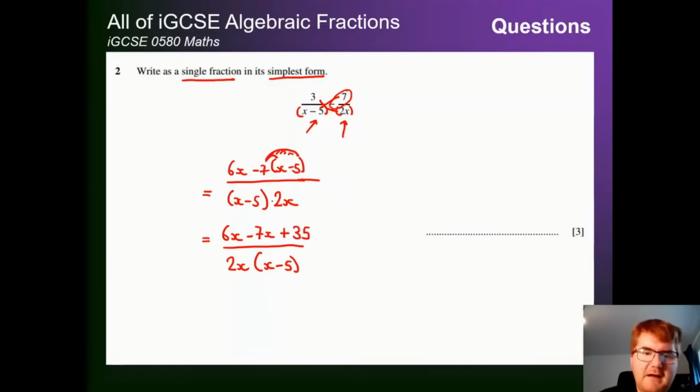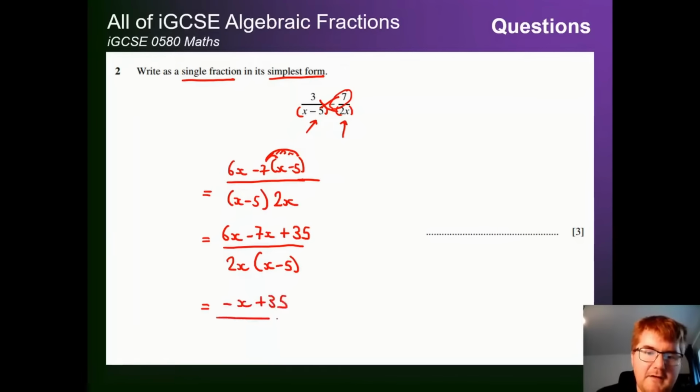And now if we simplify this, we get 6x minus 7x. So I have 6 bananas, and then 7 bananas disappear, minus 1 banana. And then we have plus 35 over 2x brackets x minus 5. Notice I didn't expand at the bottom here.